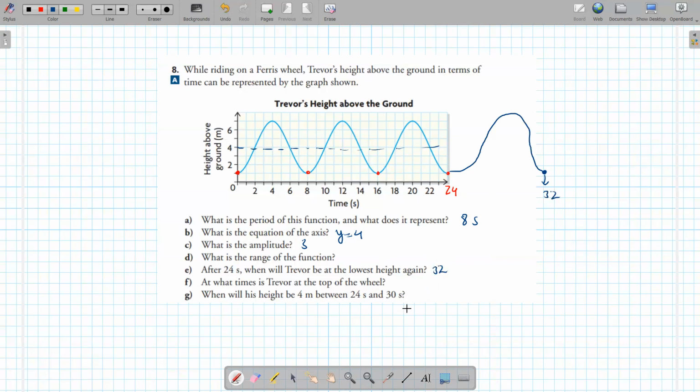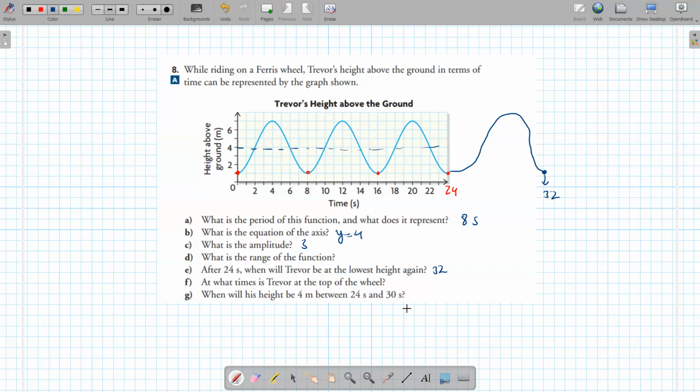At what times is Trevor at the top of the wheel? Four, 12, and 20. So what's the pattern?